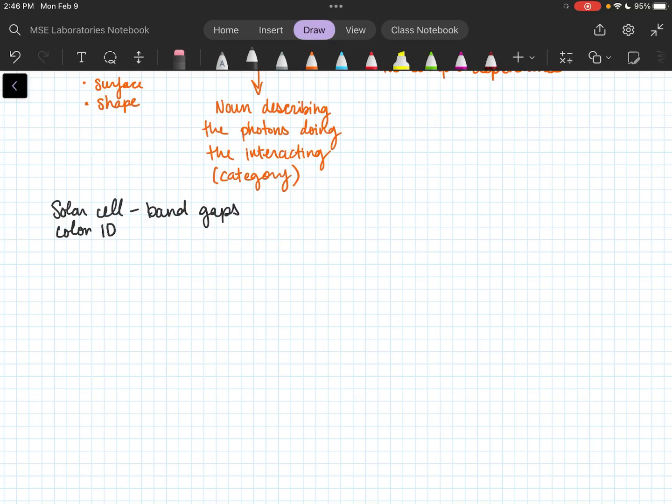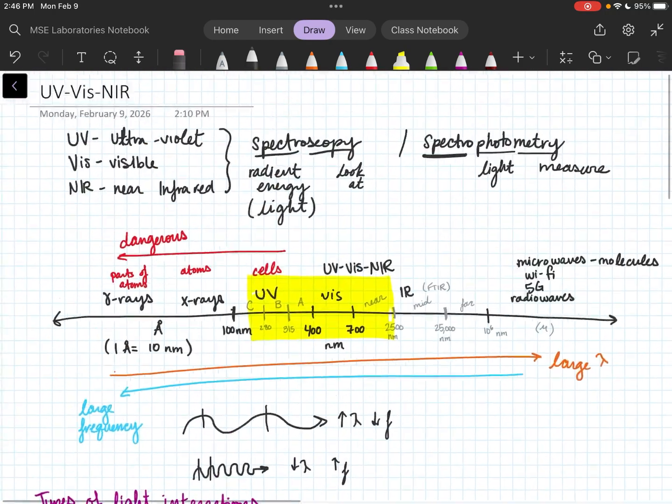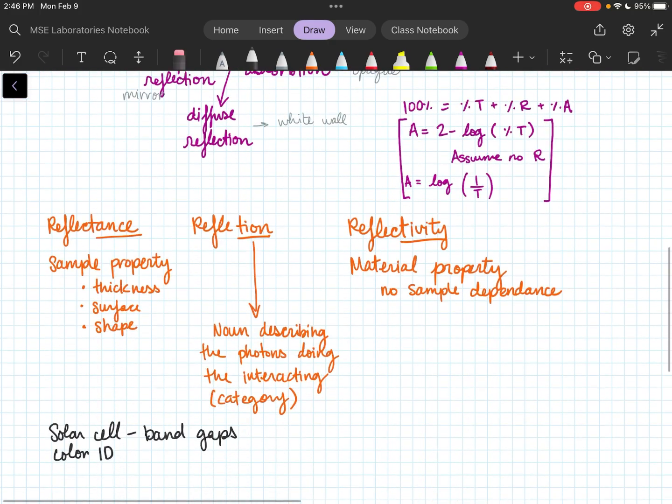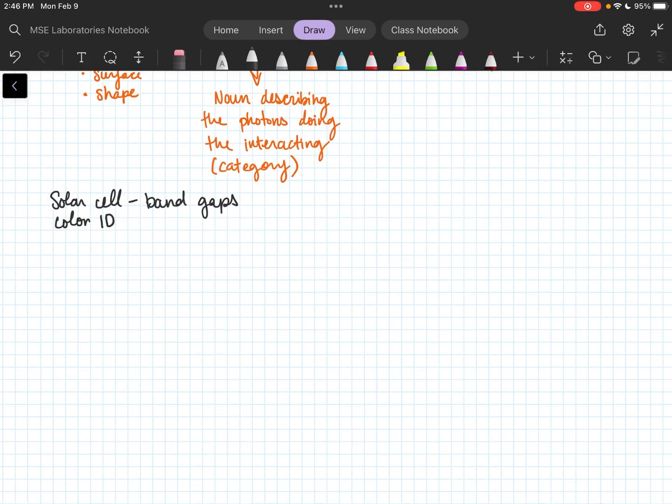And so we're storing energy by making that electron hop up into that higher excitation state. And because band gaps tend to happen in the UV region, we can use a UV-Vis to measure what energy is being absorbed by those electrons that are getting excited. So that's, like I said, usually happening in the UV.